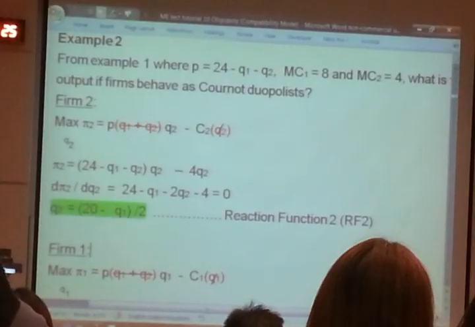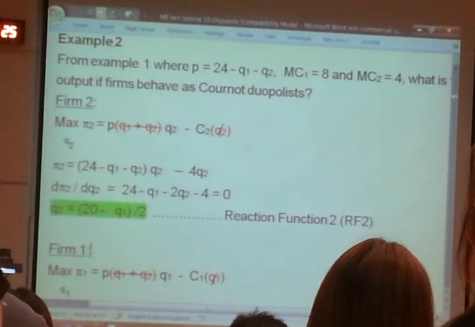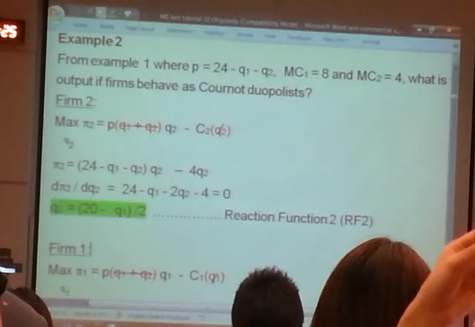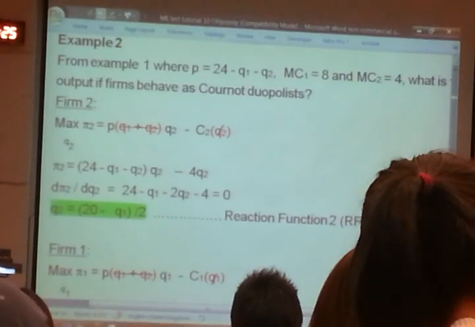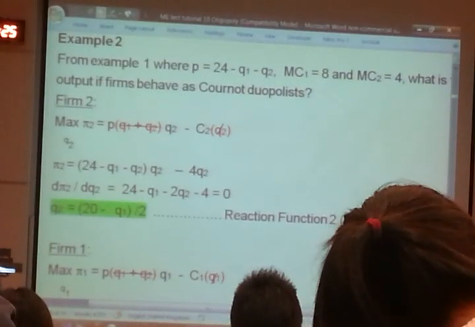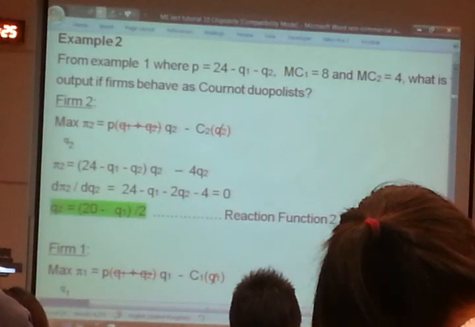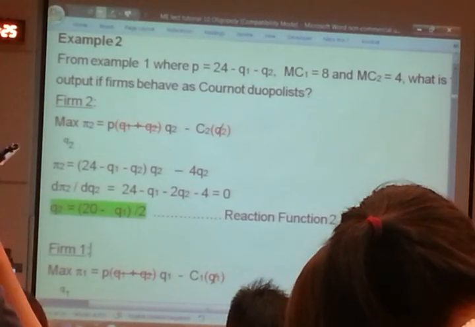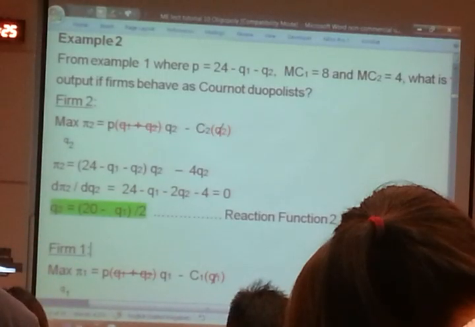That will give firm 2 the highest profit. If firm 1 produces 20, firm 2 produces 0. So this is the profit maximizing function, but in the study guide, we call it the reaction function of firm 2. How does firm 2 react?